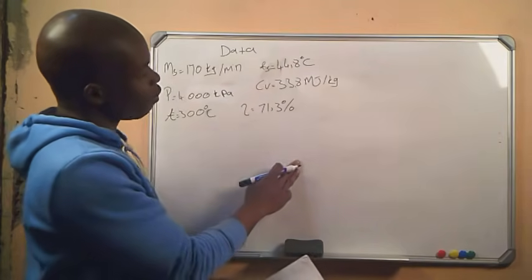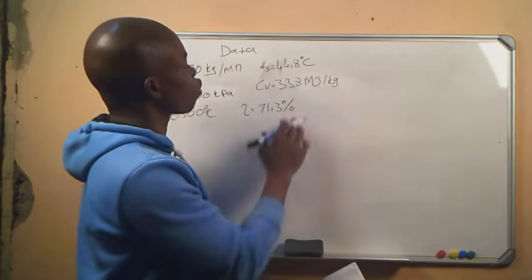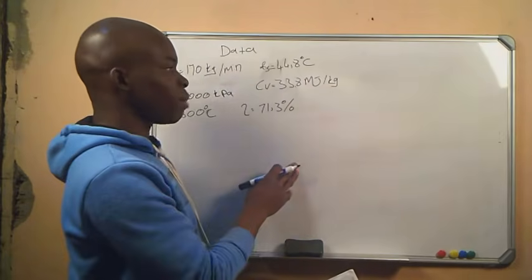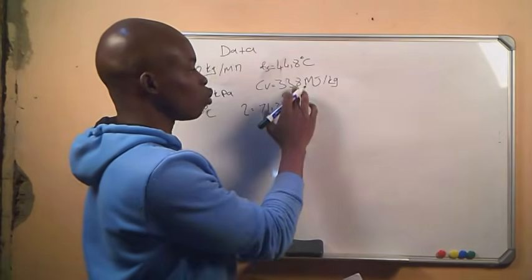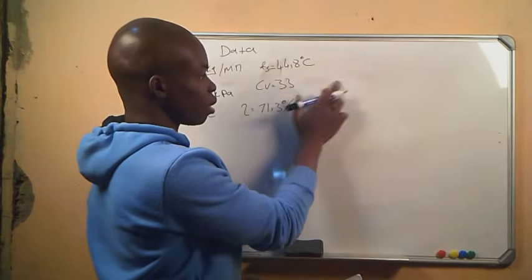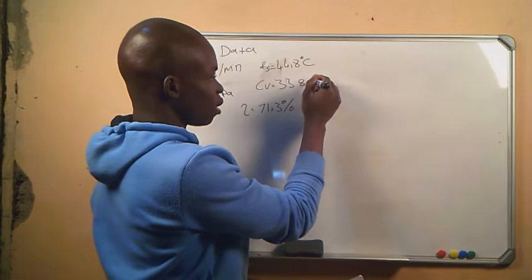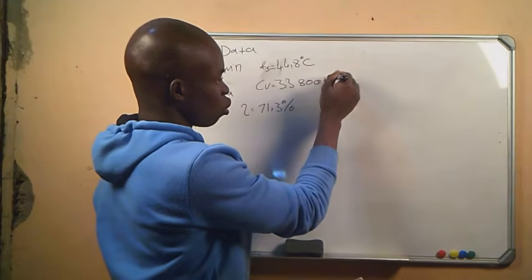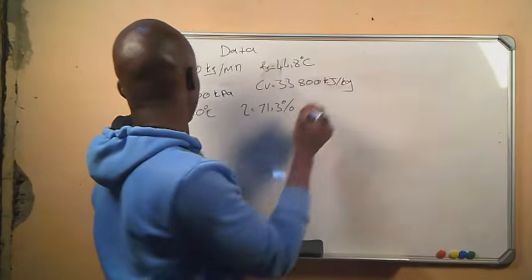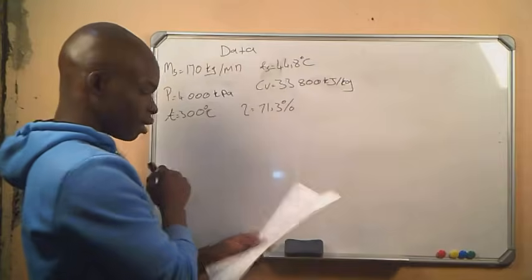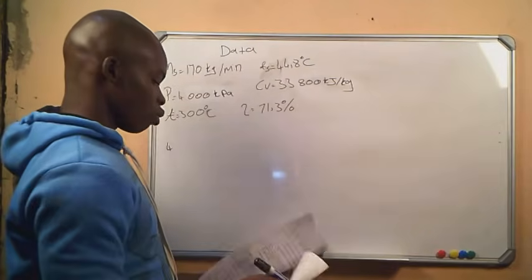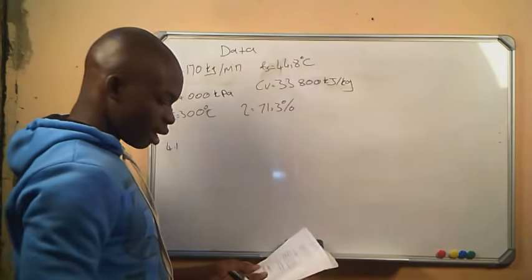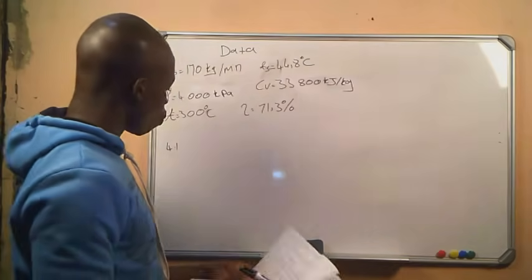And then our calorific value as well, we are given it in megajoules, but we want it in kilojoules, so we can convert this into kilojoules per kg. And then our first question, 4.1, they say calculate the mass of coal.